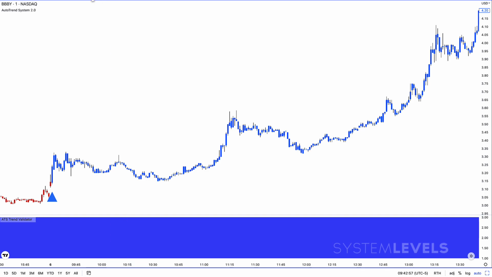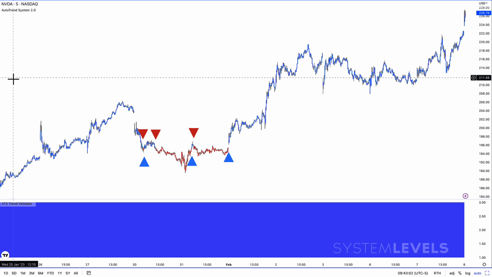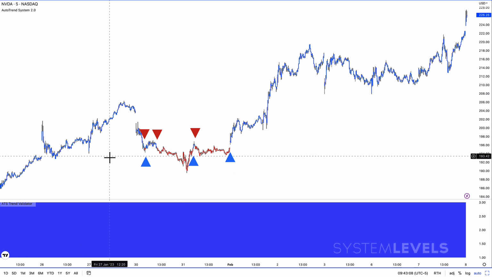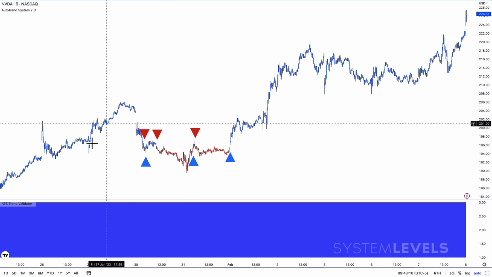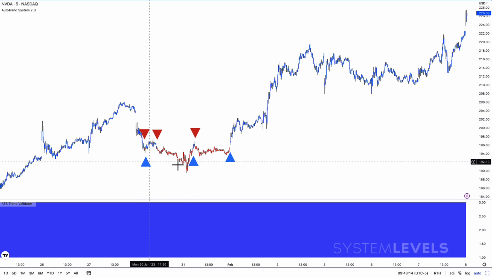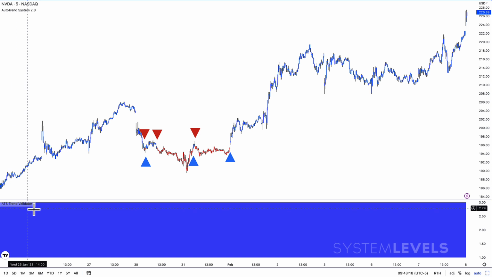I have here another example on Nvidia of what I mean by that and how we use the new trend validator. You will see here I have a 5-minute chart of Nvidia, and you will see several signals by the AutoTrend system. You will see some long signals and some short signals. And right here, I'm using a 1-hour chart.